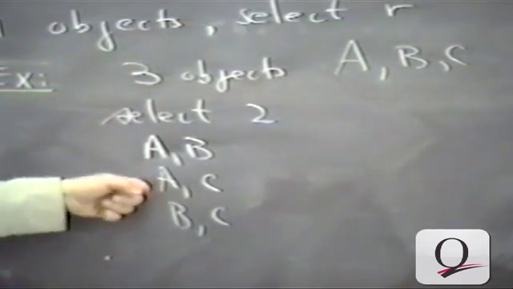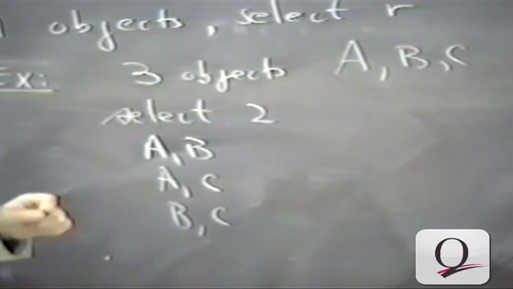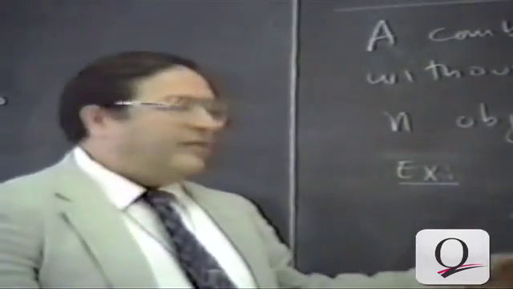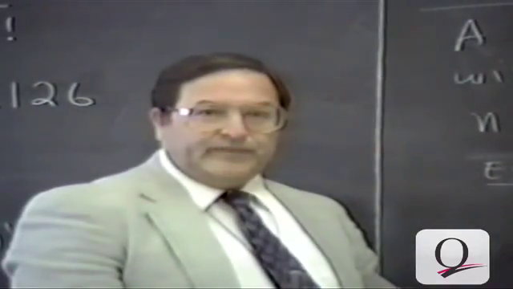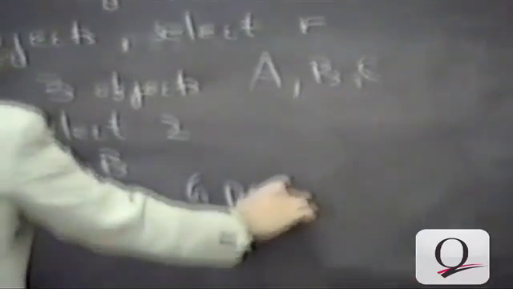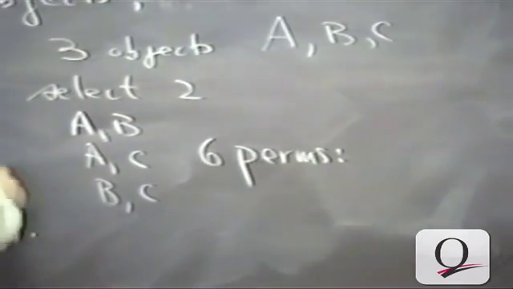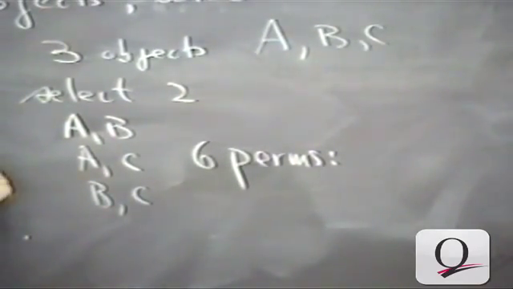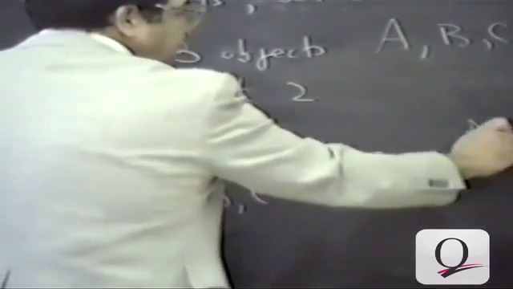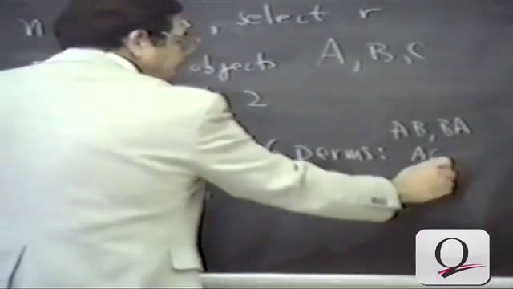You see, each of these 2-letter items would allow 2 permutations, so that the total permutations would be 2 times 3. There are 6 permutations, there are 3 combinations. Each combination would allow 2 permutations.